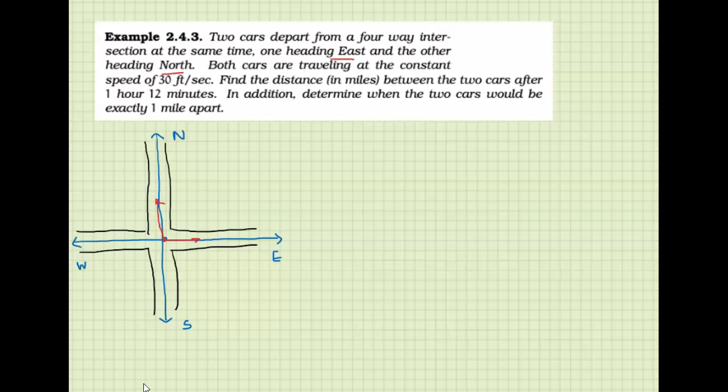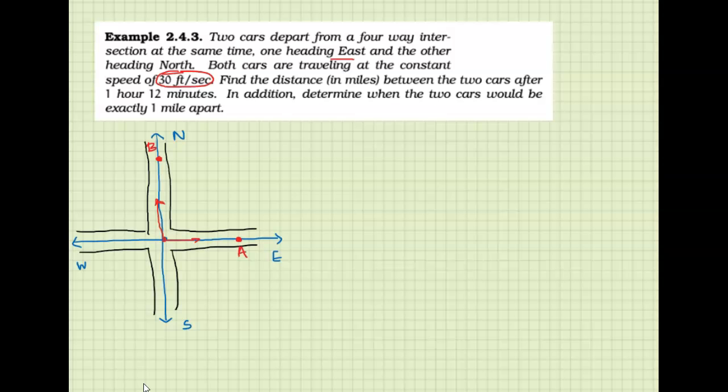They're both starting at that intersection, but they're moving at an equal speed of 30 feet per second. It says, find the distance between the two cars after 1 hour and 12 minutes. Because they're moving at the same speed, they're going to travel the same distance. So on our sketch, after 1 hour and 12 minutes, the first car is here, and the second car is here. This is car A and this is car B.